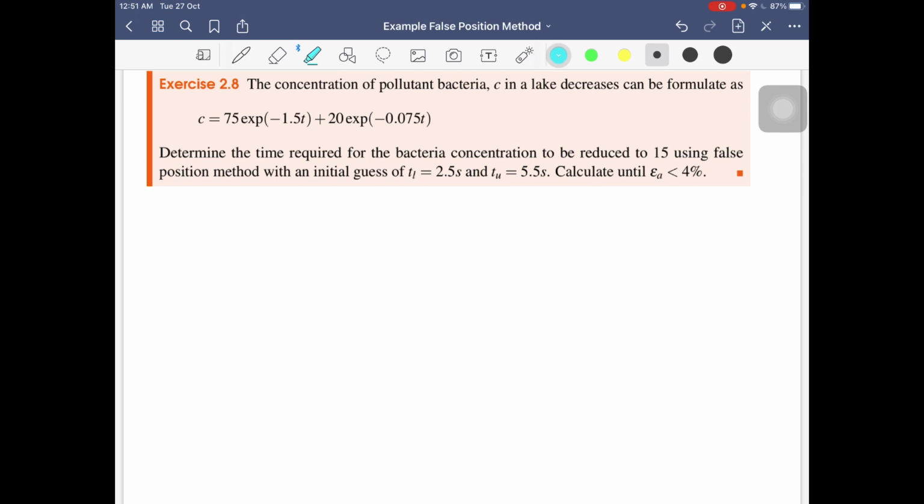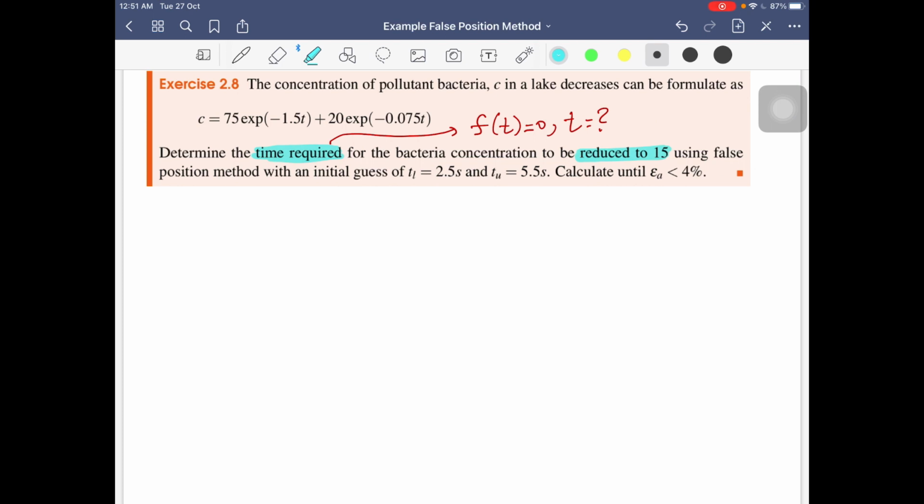Okay, so let's highlight the important information first. You are asked to determine the time required, which means that we must have the equation of F(t) equal to 0, because we want to estimate the value of our time when the concentration is reduced to 15.